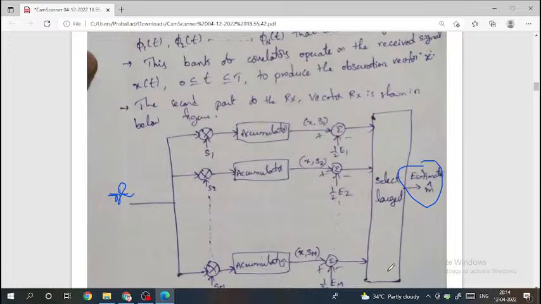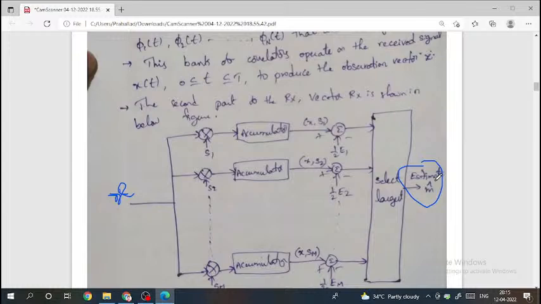After summing, we will get some values. Select the largest value, which will give the estimate M cap. So, this is about the vector receiver.